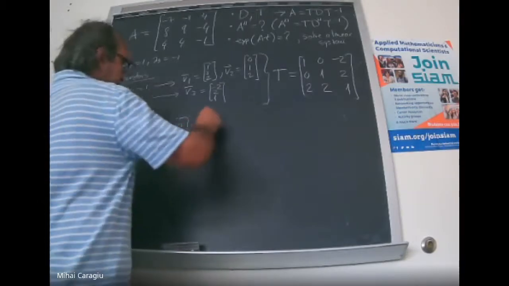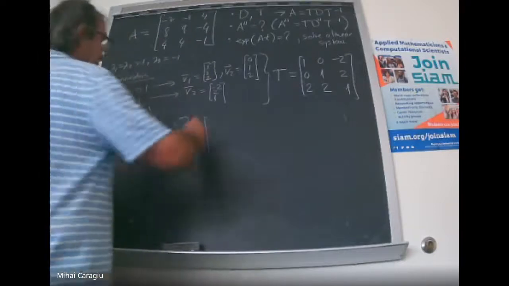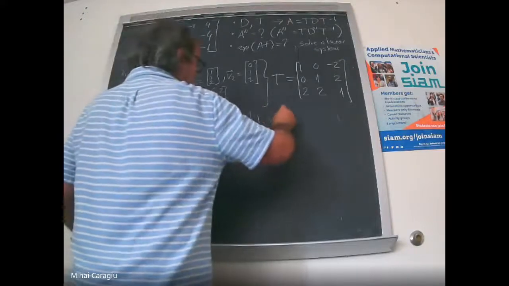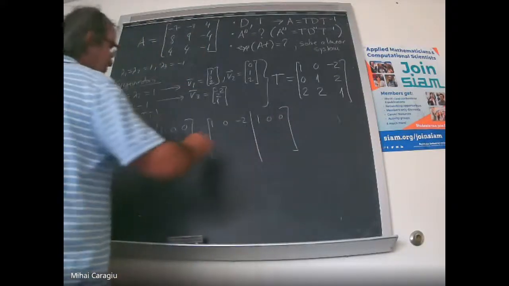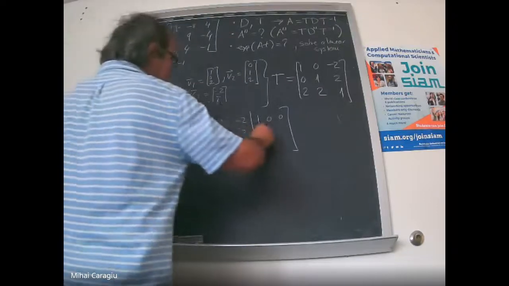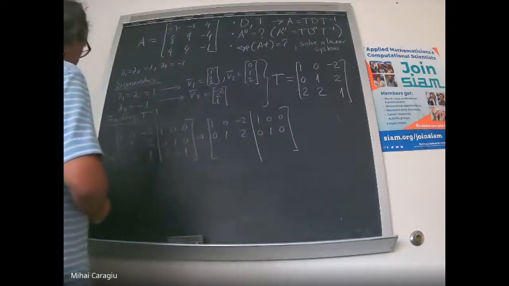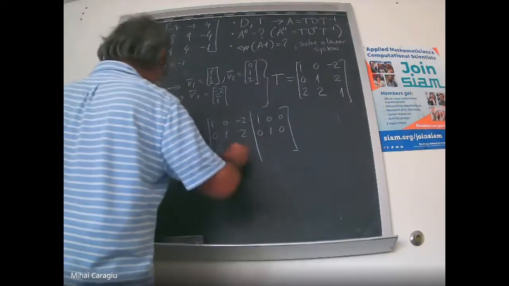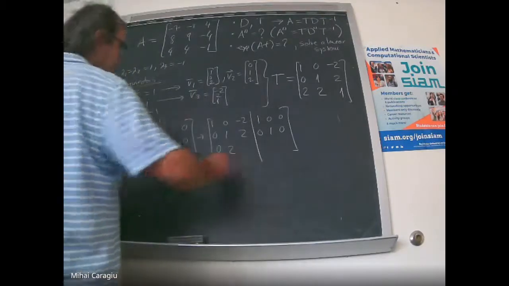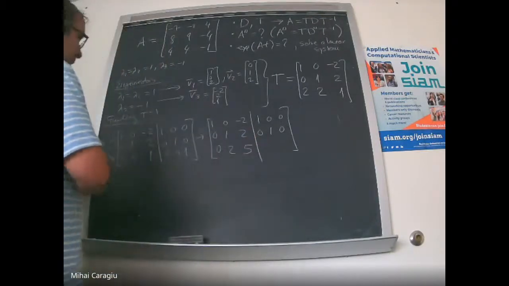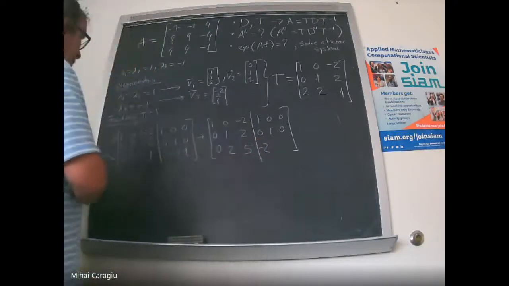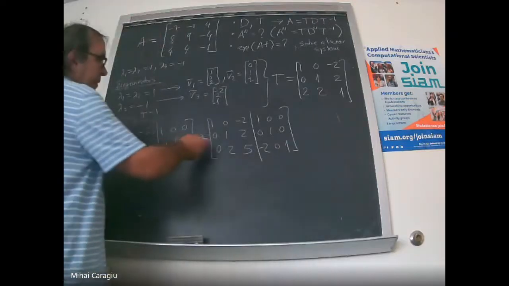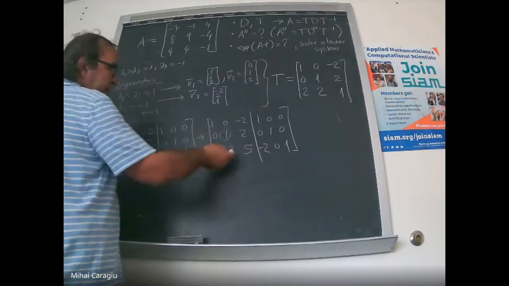If you do this, the first row remains the same, and the second row remains the same. 1, 0, minus 2, bar 1, 0, 0, and then 0, 1, 2, 0, 1, 0, and then 0, 2, 5, then minus 2, 0, 1.